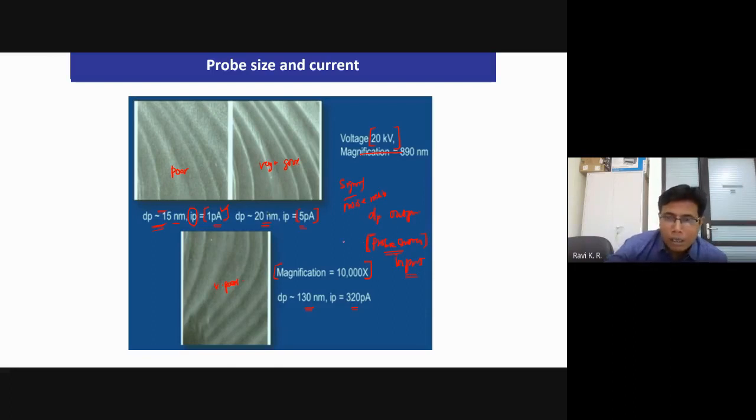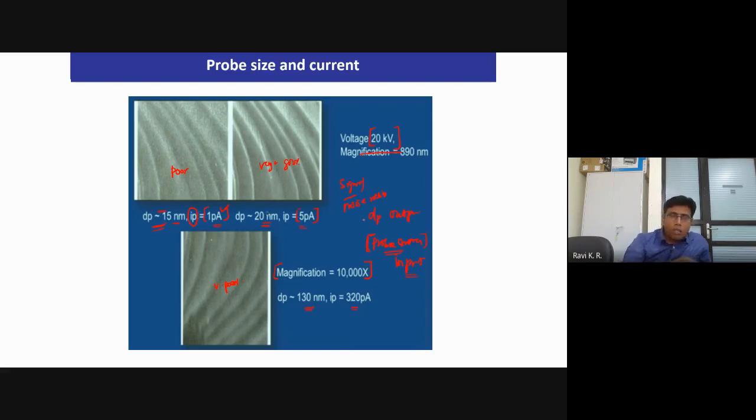We will discuss it a little later, because if you take a thermionic emission source, the probe current may be very high. On the other hand, if you look at a field emission gun, the probe current may be lower. That doesn't mean anything about the beam diameter, because for a particular microscope condition only, we should discuss the probe current and what kind of probe diameter it is giving us.